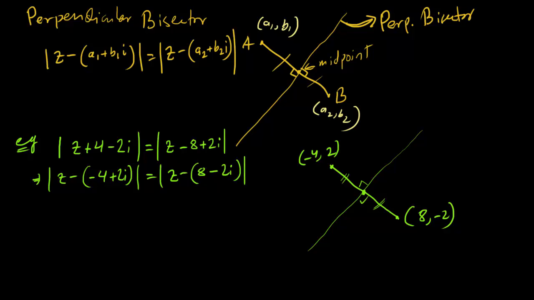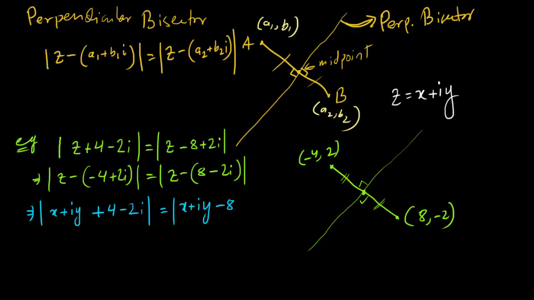Pay attention over here. The first thing that we have to replace is, let's replace z with x plus iy, and then we can find a Cartesian equation very easily. So if we do that, it is going to be x plus iy minus, if you open the bracket, it becomes plus 4 minus 2i equals to x plus iy minus 8 plus 2i.